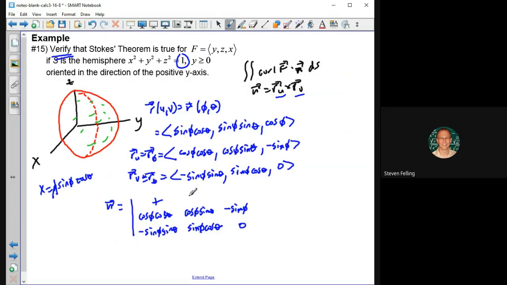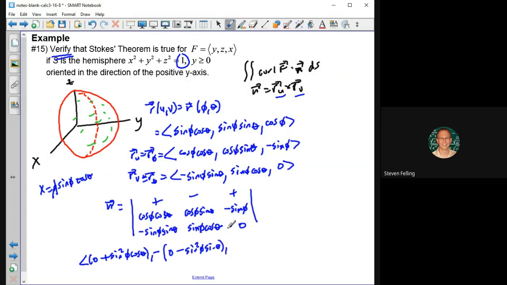And then plus minus plus. So taking that vector, we're going to get 0 minus negative sine squared phi cosine theta. Okay, that's this minus this. And then we'd have the negative of 0 minus sine squared phi sine theta.